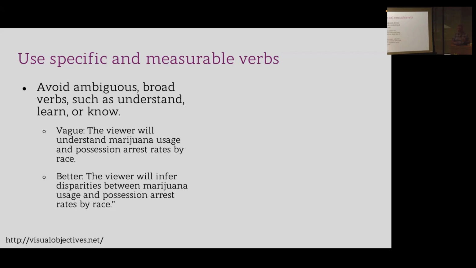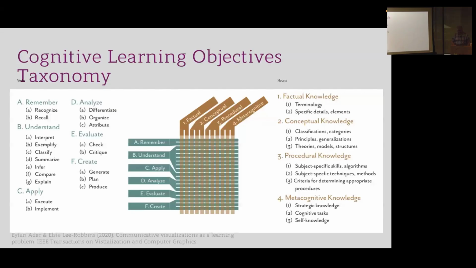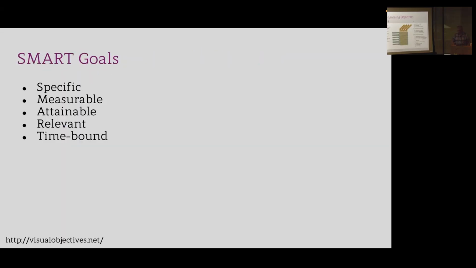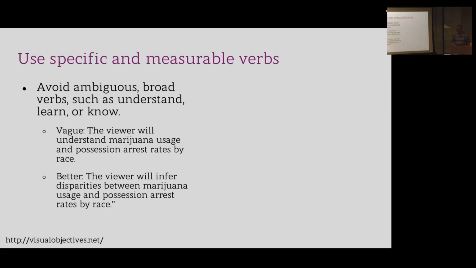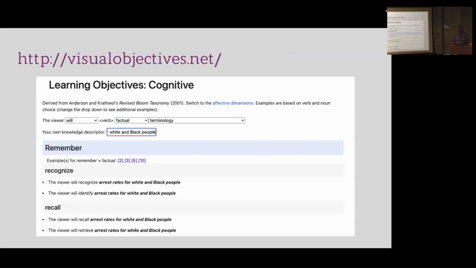It is not measurable, we don't know what understand means. By having a more specific language, you're able to construct a narrower learning objective that you can evaluate, either through your own evaluation work, or by putting it out on the web and doing an actual systematic evaluation.